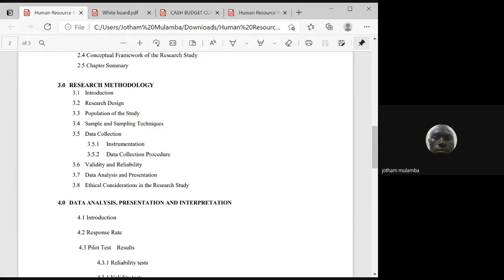Then 3.3, you talk about population of the study. On the population of the study, you define for us what population is, and you pay a lot of emphasis in this part, because I've seen a number of students who don't differentiate target population, sample frame, sample size. Can you define for us target population?